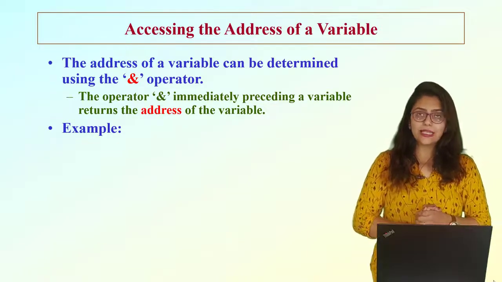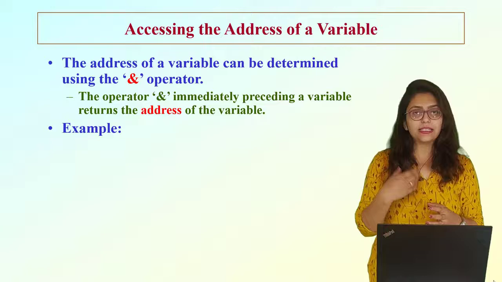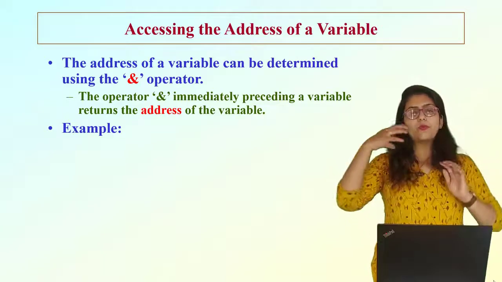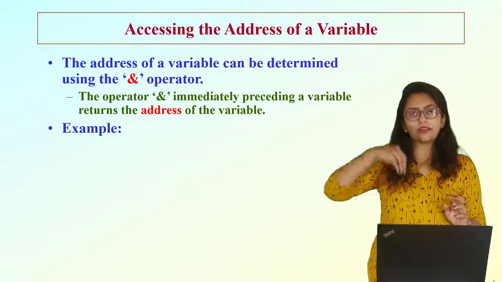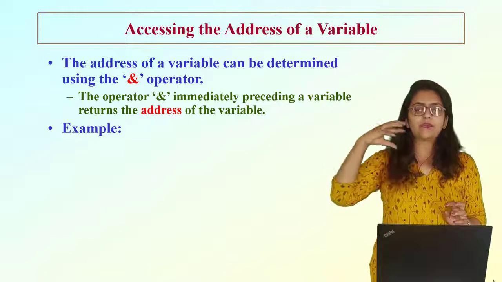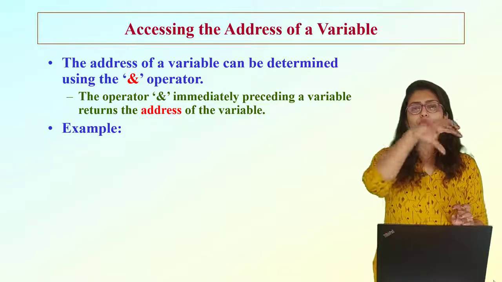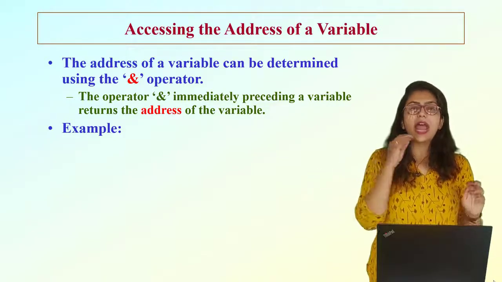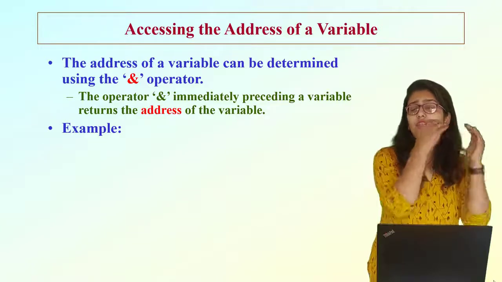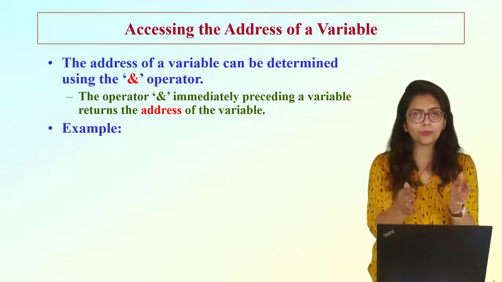So why were we using the address of something in scanf? Because whenever I want to take a value from the user and store it somewhere in my memory, I have to tell my system at which memory location it should store it.